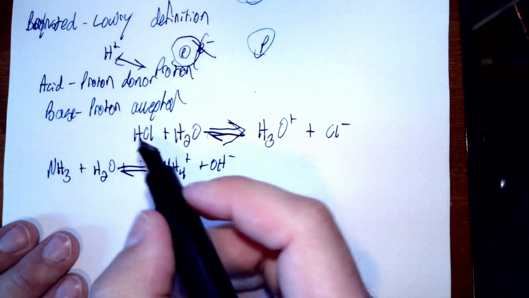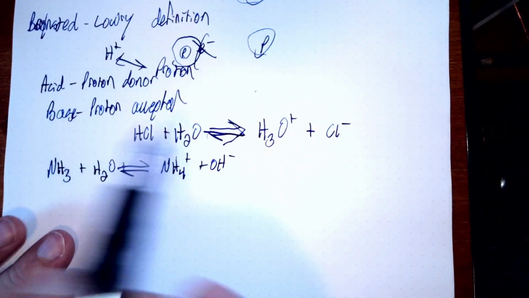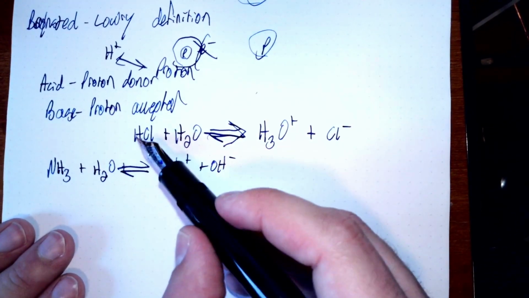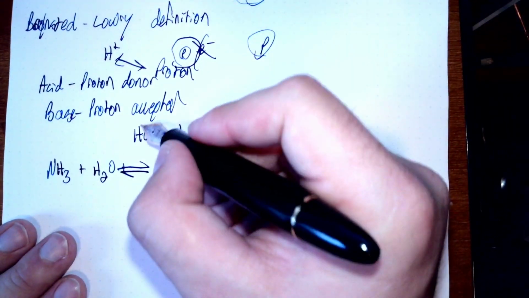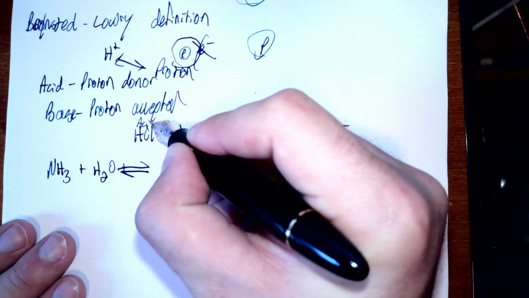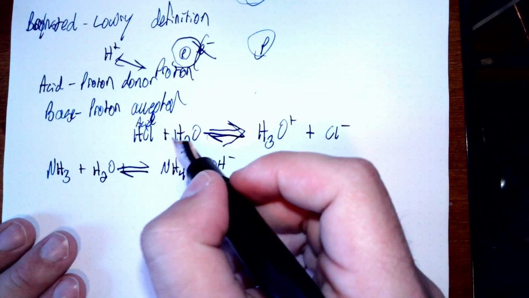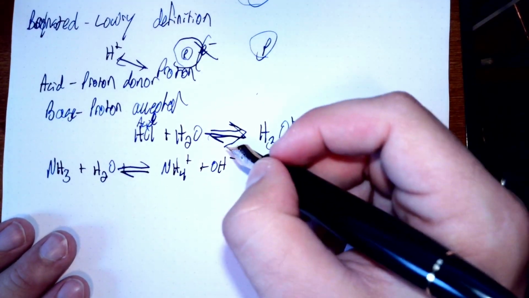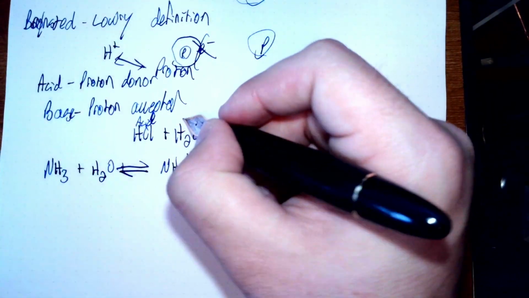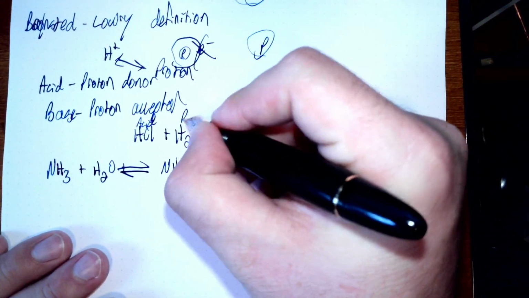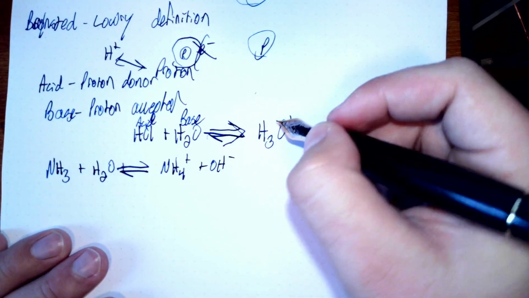All right, let's analyze both of these within the framework of this definition. Our HCl has acted as an acid. It has donated a proton to H2O for it to become H3O plus. So, within this framework, H2O has acted as a base.